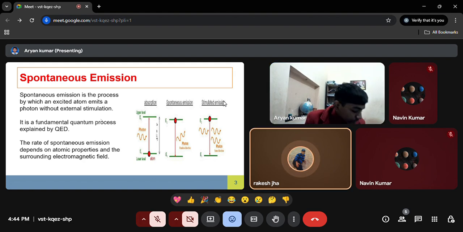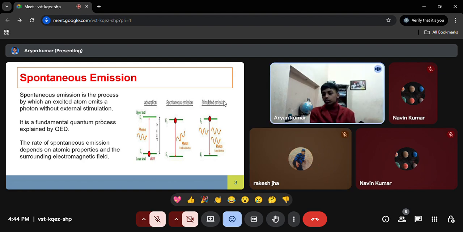I don't know, Aryan. Okay, so the electron starts wobbling and then it gives a signal to the electromagnetic waves to release that photon, and in between they are entangled to conserve momentum. So if the photon moves right, the electron would move a little left to conserve momentum, and after that they would be de-entangled and the electron will return to the lower level.